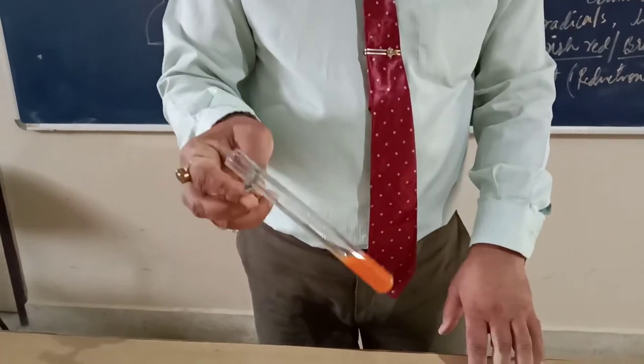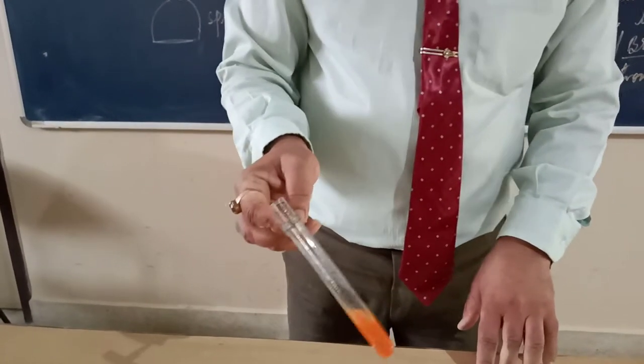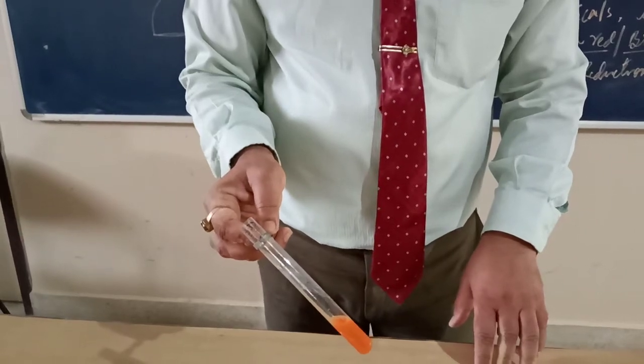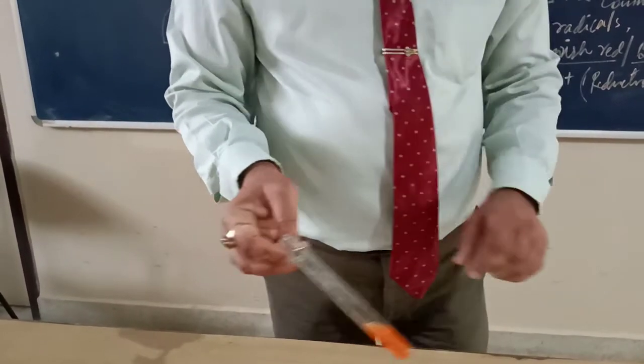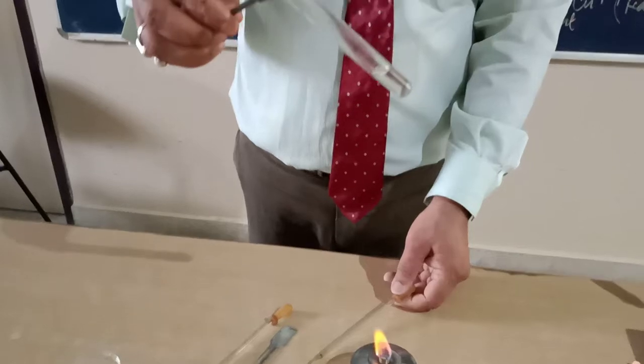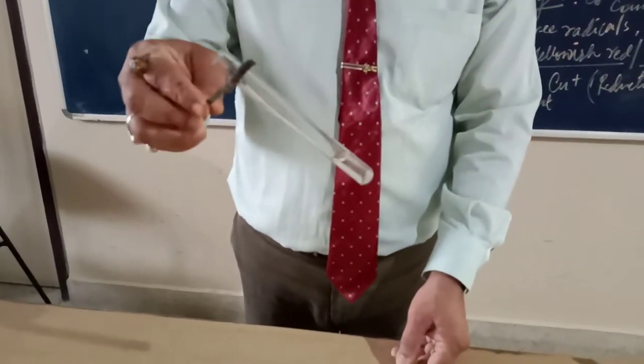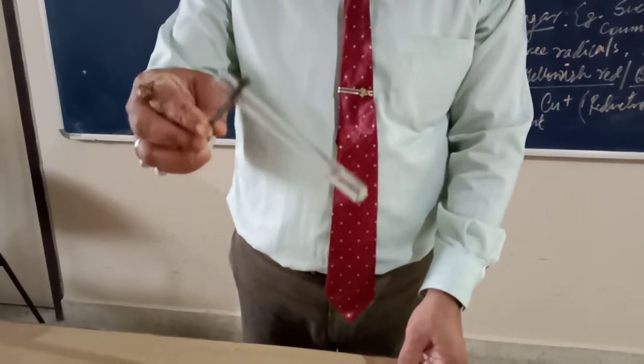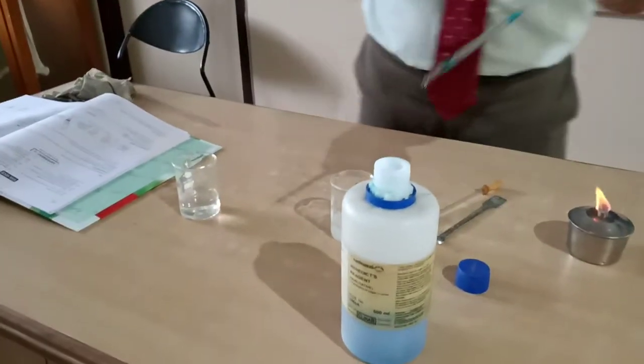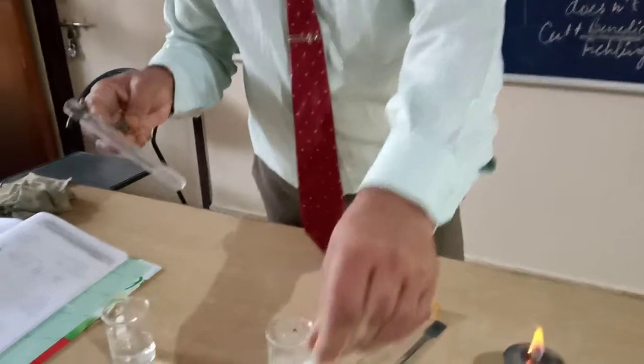This is one part. Now let me take the other kind of sugar, sucrose, common table sugar, as the second sample. Again I put 5 to 6 drops of Benedict reagent into it.